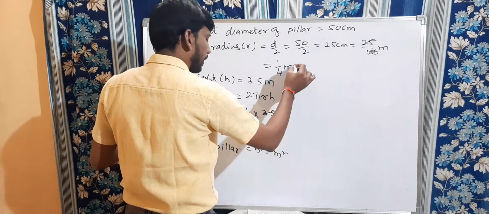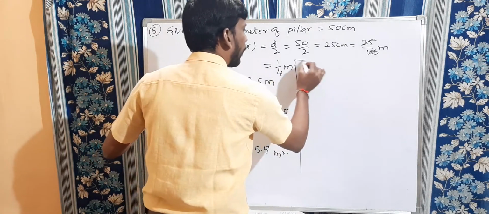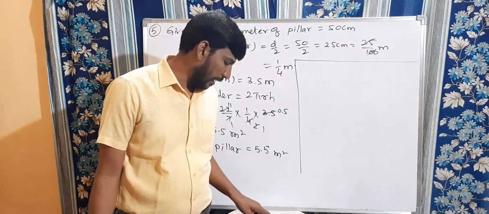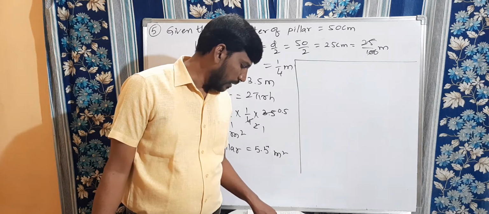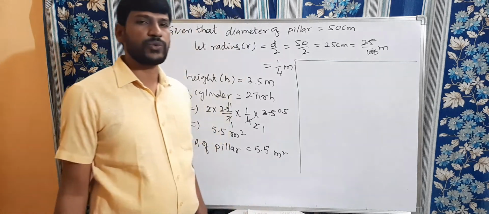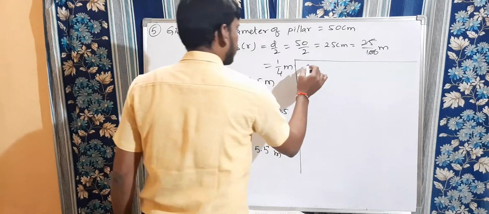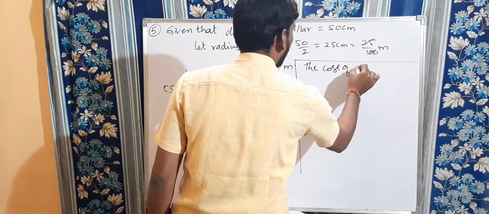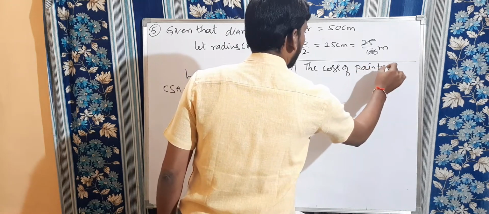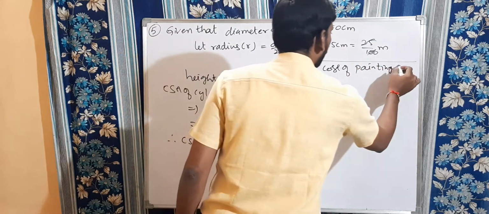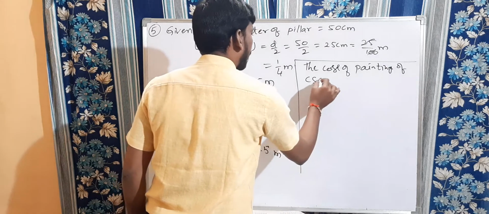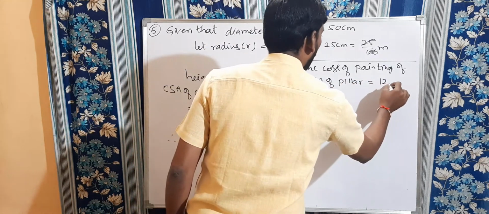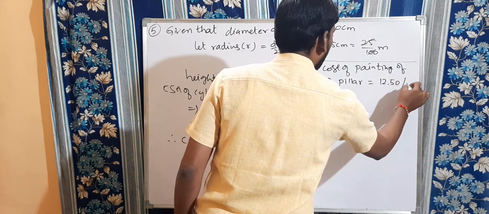Now they gave here the cost of painting the CSA of a pillar at the rate of 12 rupee 50 paisa per meter square.